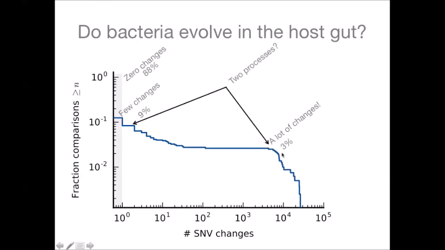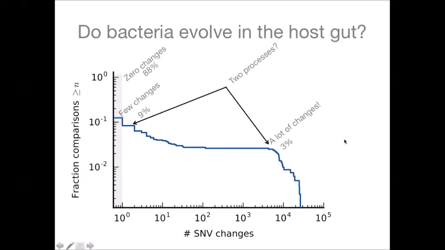So we have the majority of our samples having 0 changes, 9% having few changes, and 3% having a lot. It turns out that 2 processes are likely generating this distribution. It's this funny bimodal distribution where either you just have 5 or 10 or 10,000 SNP changes.